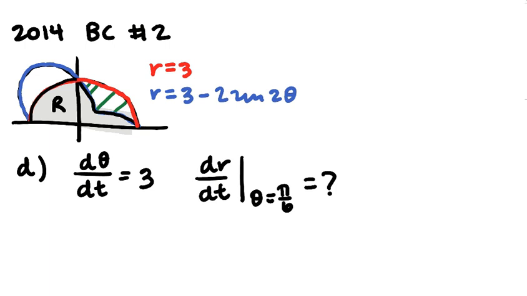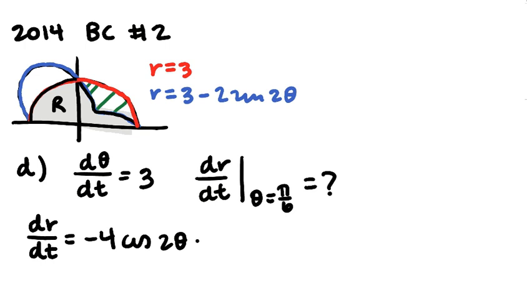So taking the derivative of the blue curve with respect to t, dr dt is, you take the derivative of negative 2 sine 2 theta, minus 4 cosine 2 theta times what?